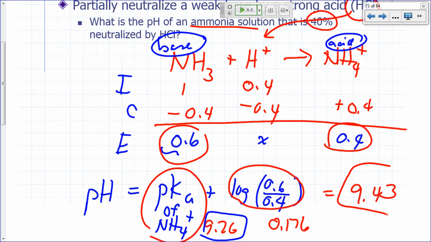And in fact, 9.43 is higher than 9.26. So if you have more of the conjugate base, your pH would be higher than pKa. If you have more of the conjugate acid, your pH is going to be below pKa. If they're equal, then your pH is equal to pKa. So that's a good testing tip, especially if you're doing multiple choice and you're limited in time. That might be a way to eliminate some answers.